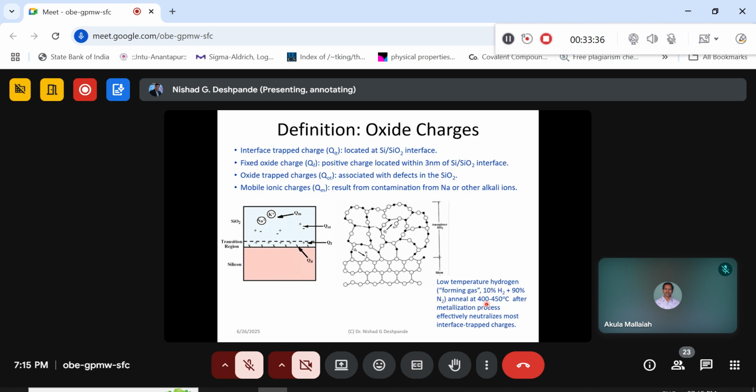In this process, one can neutralize this kind of charges that are present. If I have to control whatever we are discussing about the oxide charges, then there has to be some technique to get rid of these oxide charges. What is that technique? I just mentioned it here.